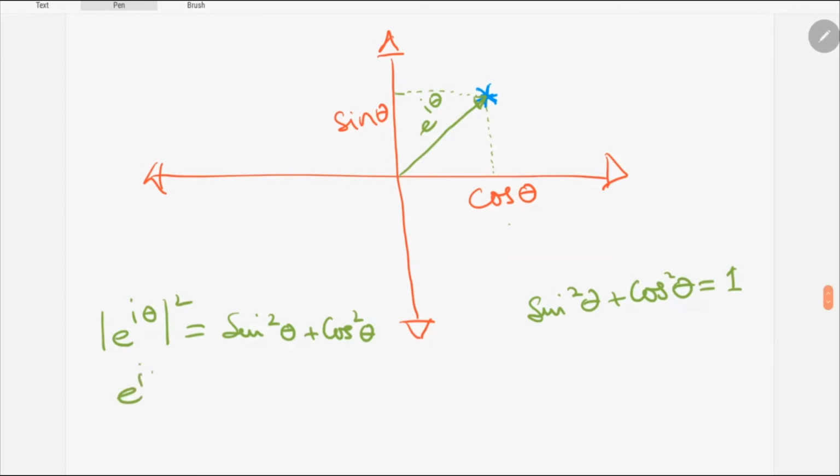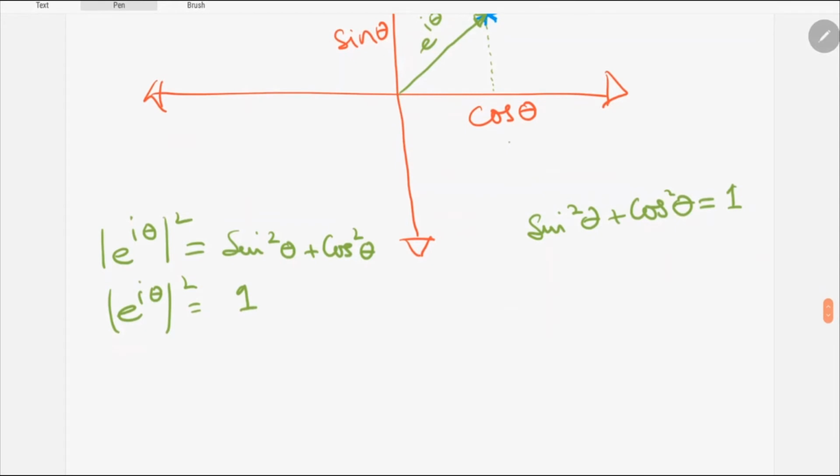So the magnitude of e iota theta squared is equal to 1, or if you just remove the square, the magnitude of e iota theta is equal to 1. So what does this mean? The magnitude of this thing is equal to 1.